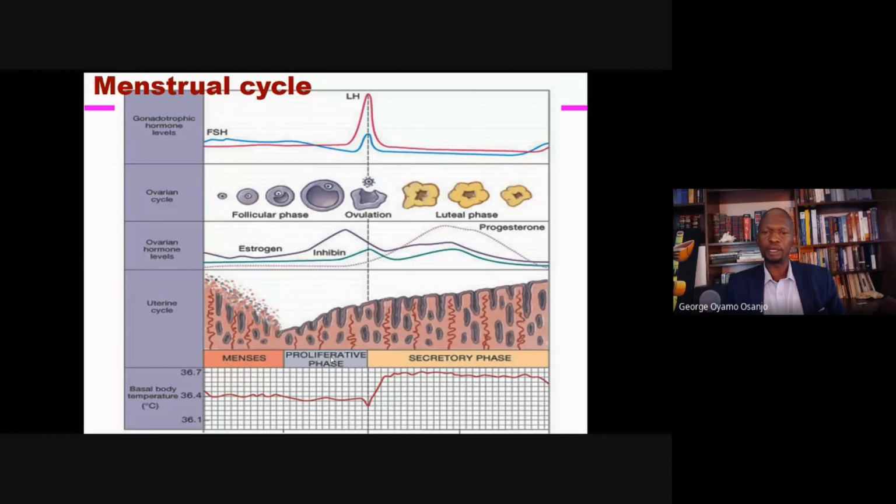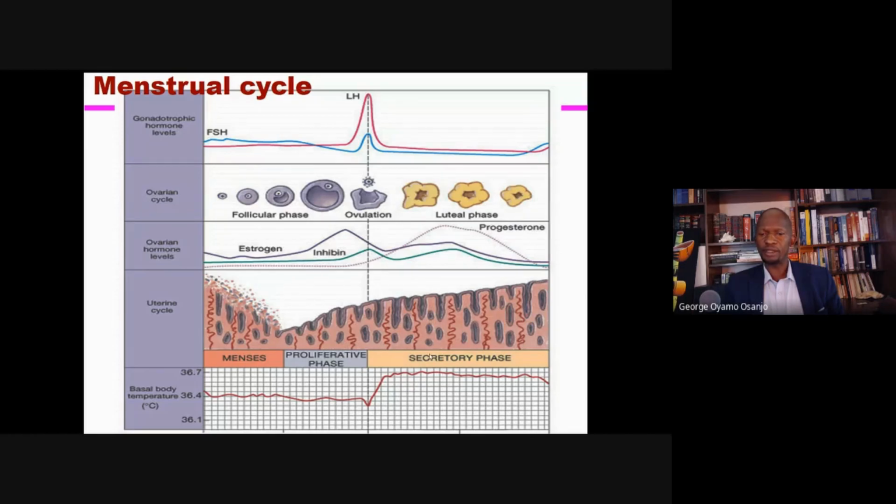And during that phase, there is proliferation of the endometrium due to the presence of estrogen. You can see, if you look here above, in terms of the ovarian hormones, you see an increase in the levels of estrogen, and estrogen is produced by the ovarian follicles, which causes proliferation of the endometrium.